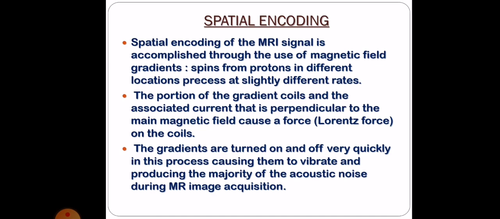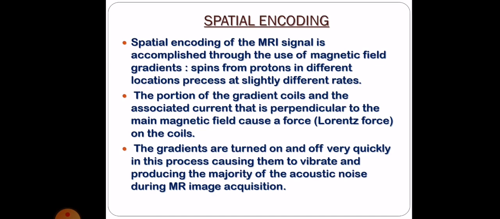We do not discuss that here. So what is spatial encoding in MR? In the scanner of magnetic resonance imaging, spatial encoding is where the MR signal is accomplished through the use of magnetic field gradients, so that spins from protons in different locations precess at slightly different rates. The portion of the gradient coil, I already said there are primary magnet, gradient coil and shim coil, and the associated current that is perpendicular to the main magnetic field causes a force, also called Lorentz force, on the coils.